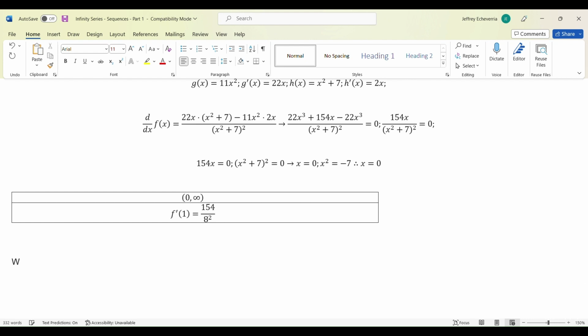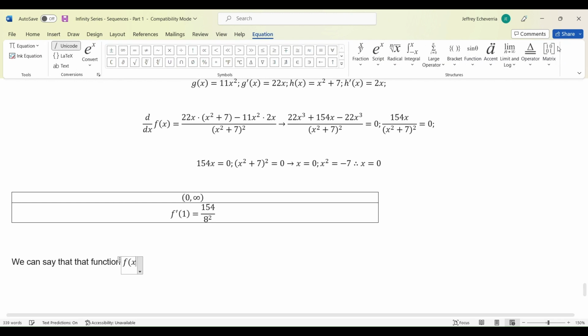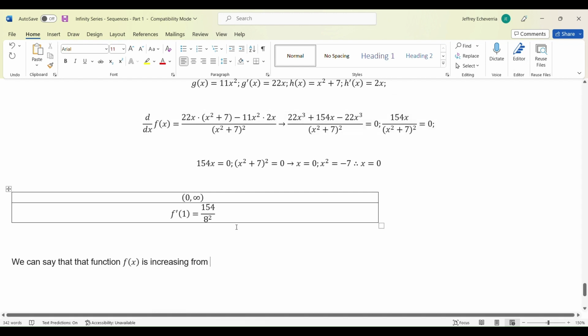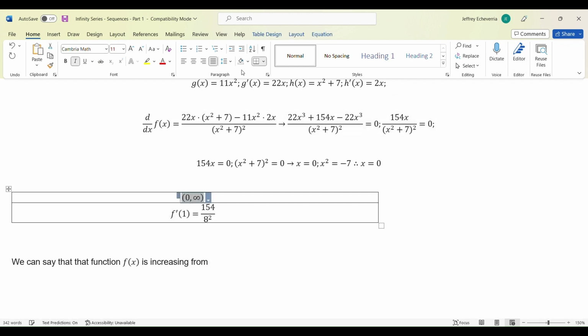Therefore, we can say that the function f of x is increasing from 0 to infinity.